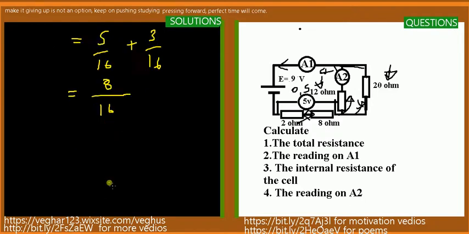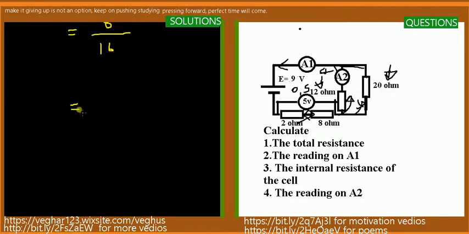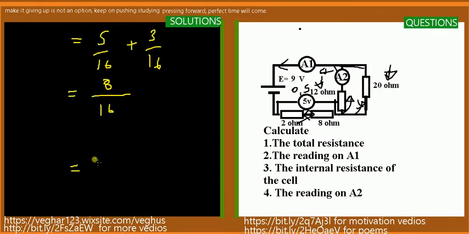So what is 8 over 16? 8 goes into 8 once and into 16 twice, so it's the same as 0.5.